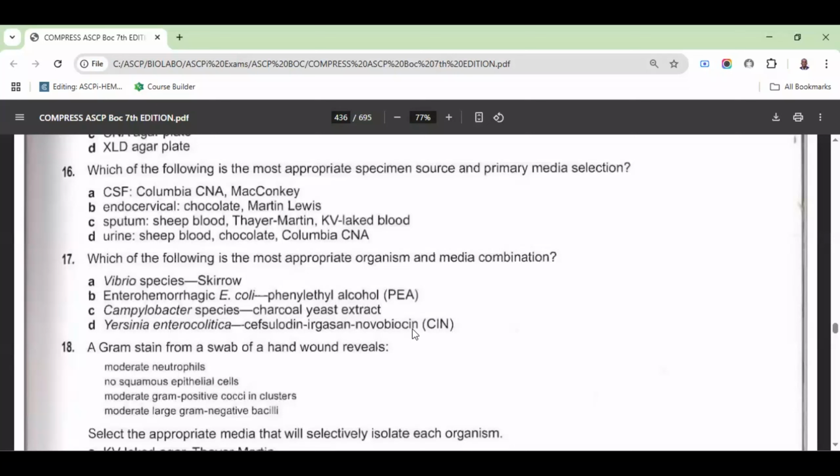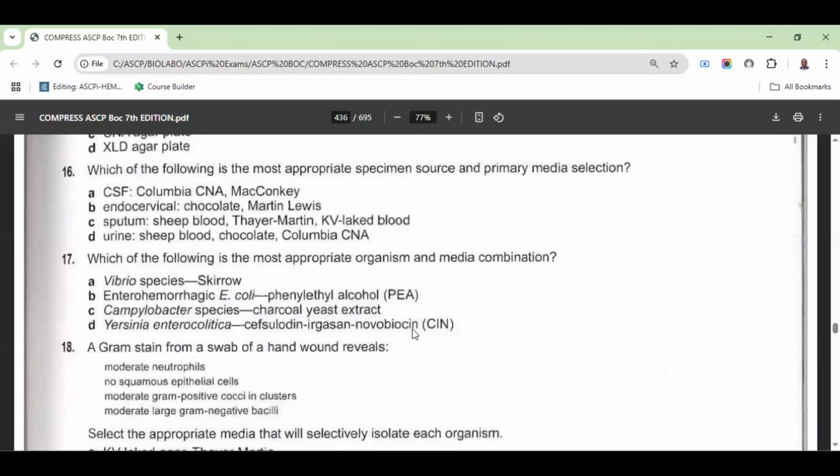In fact, CIN is a selective medium for Yersinia, and we mostly use it for stool, for Yersinia enterocolitica, because Yersinia enterocolitica is an enteropathogenic bacterium. It contains cefsulodin, irgasan and novobiocin.